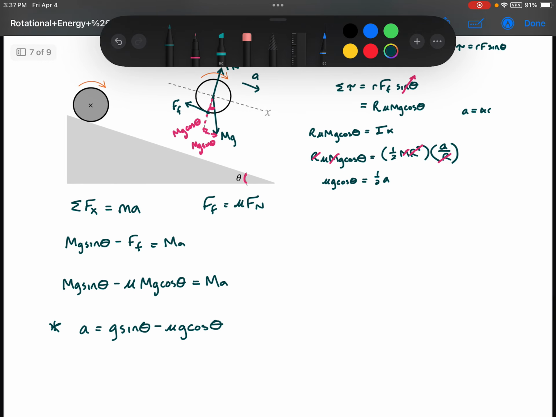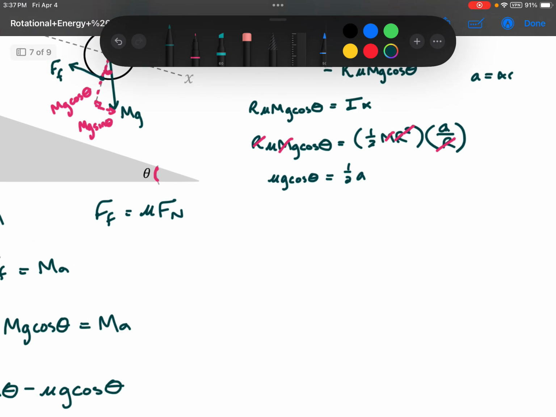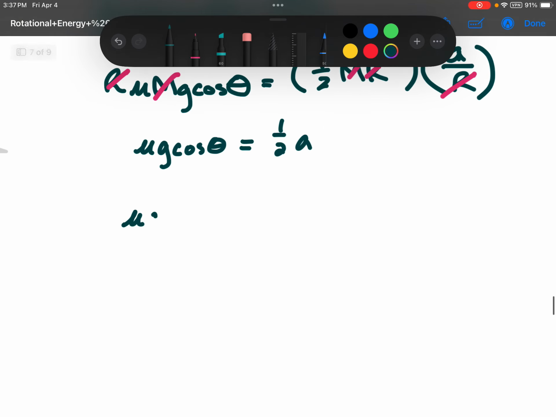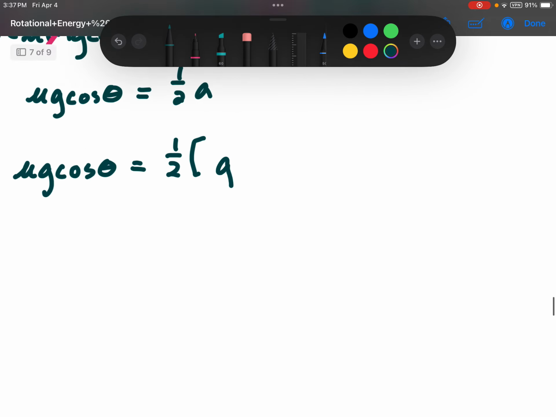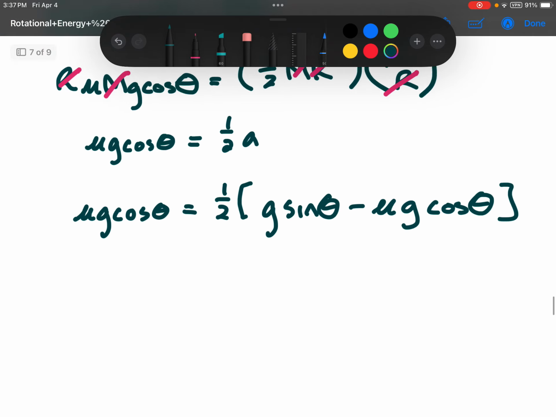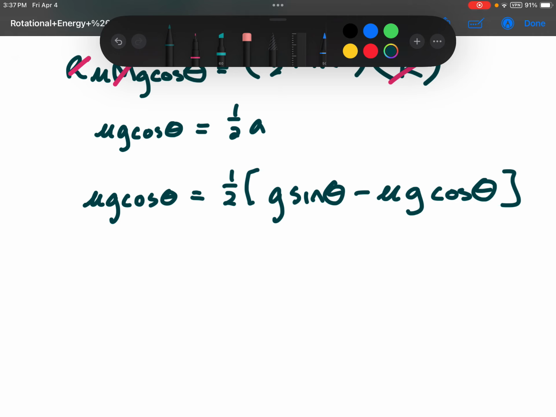From here, it's going to just be a matter of putting in that expression for the linear acceleration and solving for mu. So left-hand side, I'm keeping the same, 1/2. And then I'm putting in g sine theta minus mu g cosine theta. And now our only variable, what we're solving for, is mu.